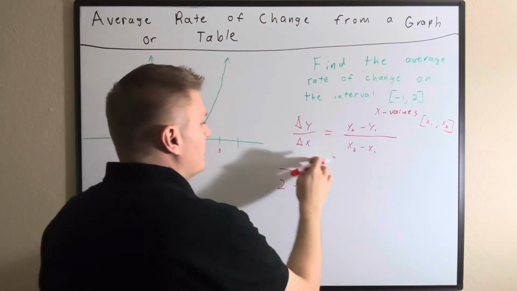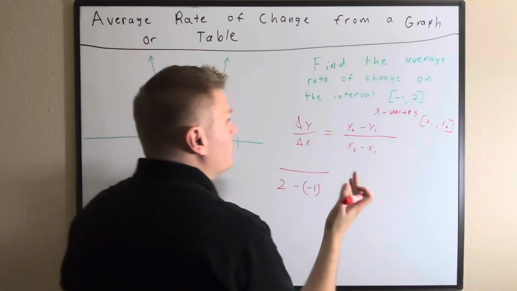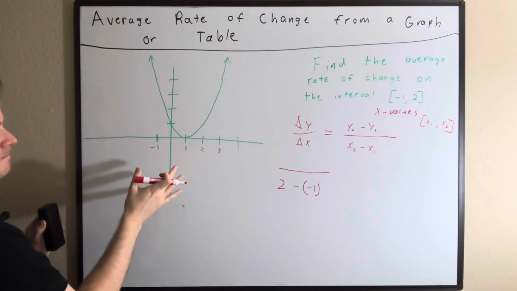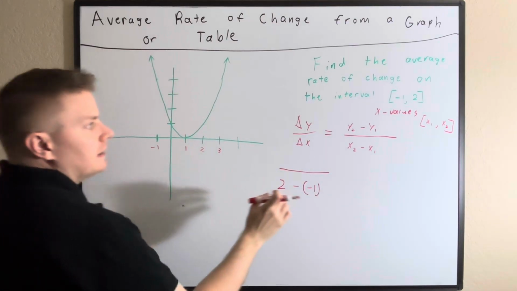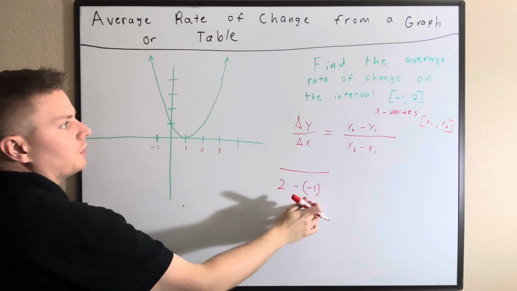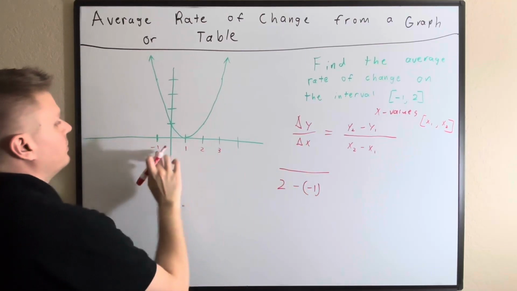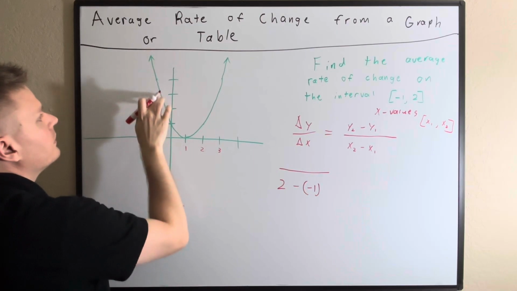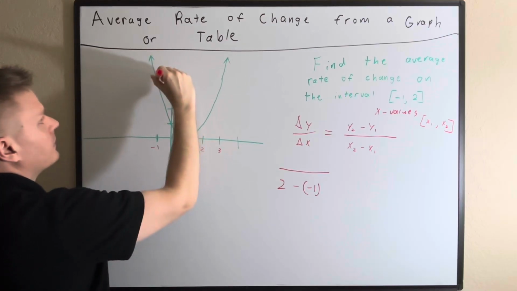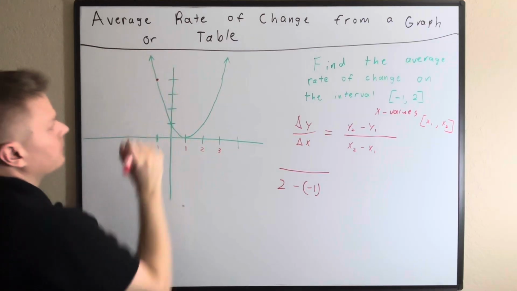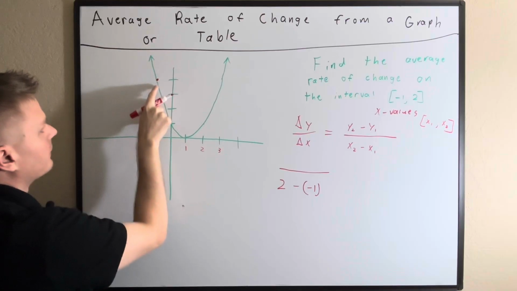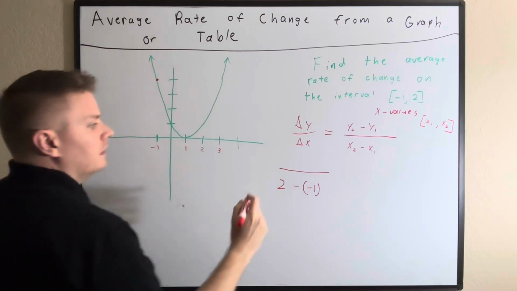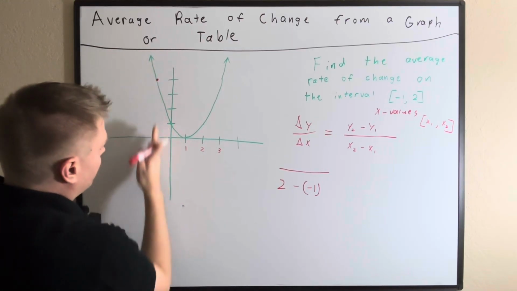All right. What are our y values? Well, we need the graph for that. What is our y value at x equals -1? 2, 3, 4, 4, right? Right there. Yeah, that's where it lines up with the -1.